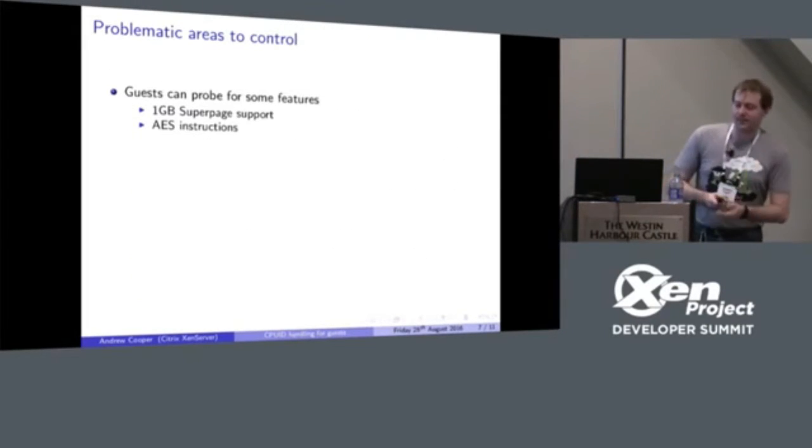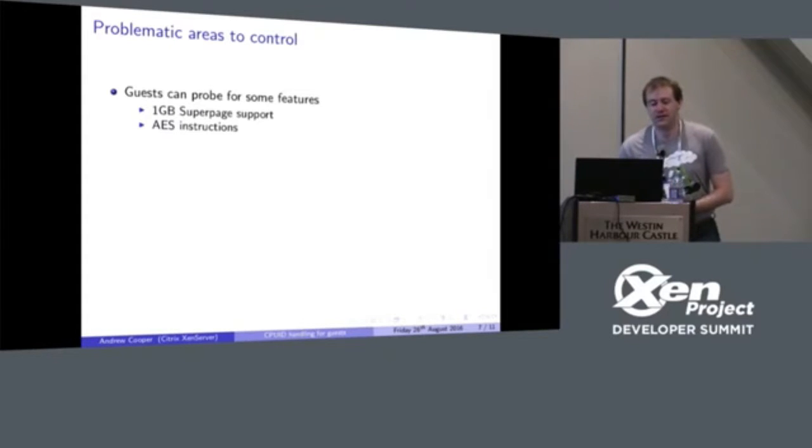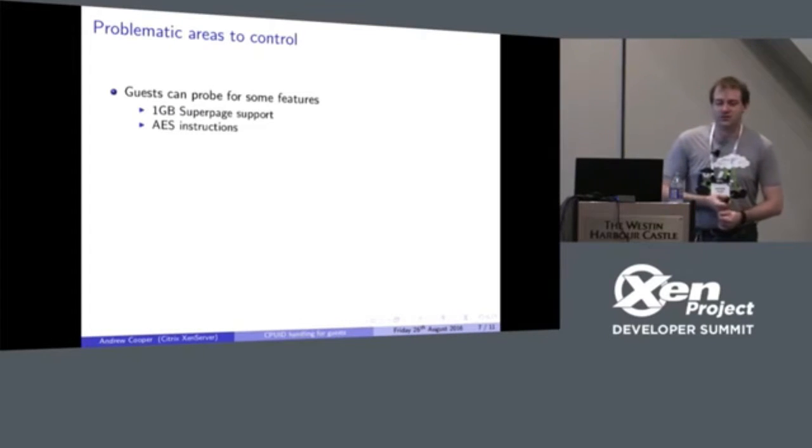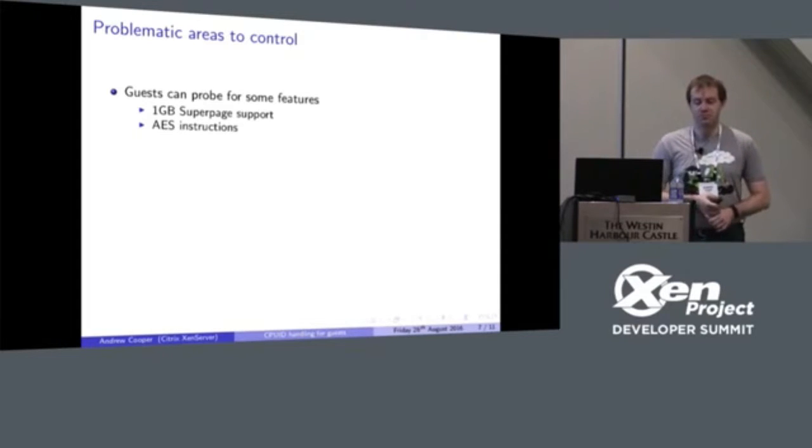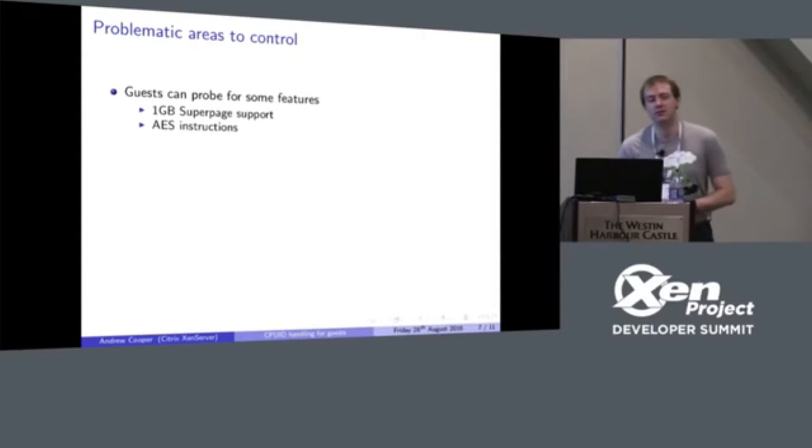So along similar lines, there are a number of areas that are just problematic to control. 1 gig superpage support, for example. There's a feature bit for it, but if you ignore the feature bit and set up a 1 gig superpage, it may work, it may not. There's no control register in the paging settings to control whether that works or not, which means we can't actually hide its presence from guests.